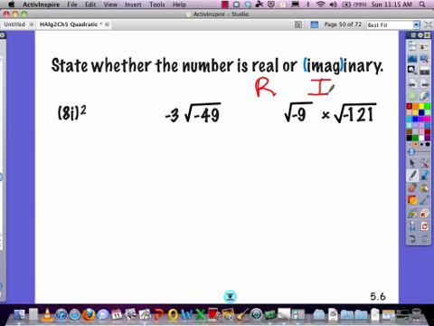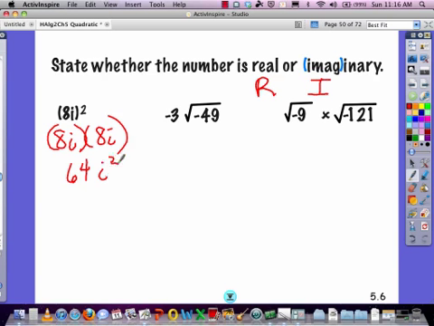So let's start at this first one. 8i squared. And we will state whether it's real or imaginary after we evaluate it. Most of you know that you could rewrite it, or you could just square everything on the inside of the parentheses. If you do that, we'd multiply 8 times 8, that's definitely 64, and i times i, which is i squared, just like a regular variable.